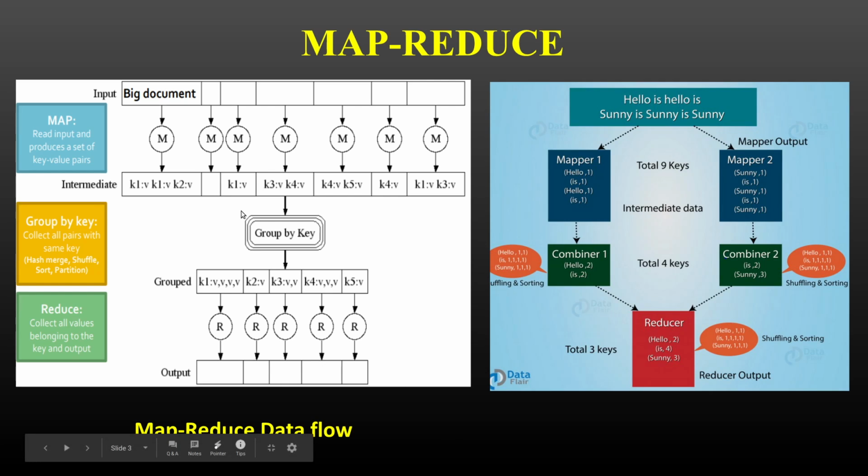Now, from the first image, we can see the MapReduce data flow, which consists of three phases: map phase, grouping phase, and reduce phase. What happens in the mapper phase is that a big document goes in as input, and the two modules, input split and record reader, present in the mapper phase reduce the document into key value pairs.